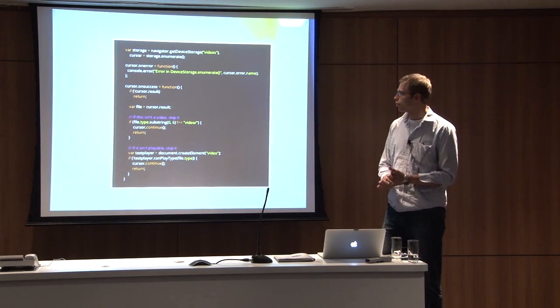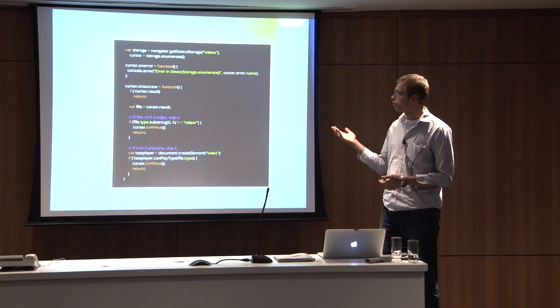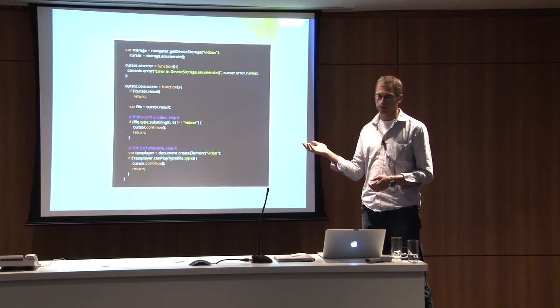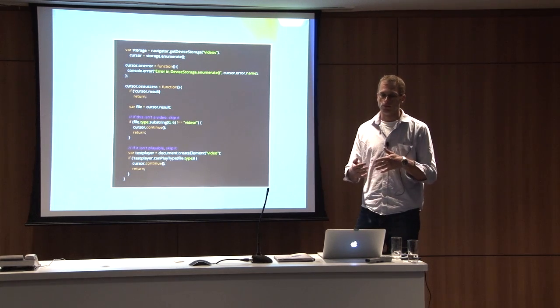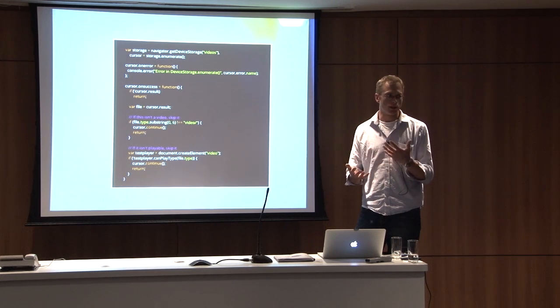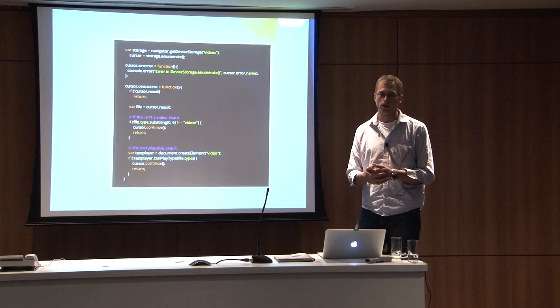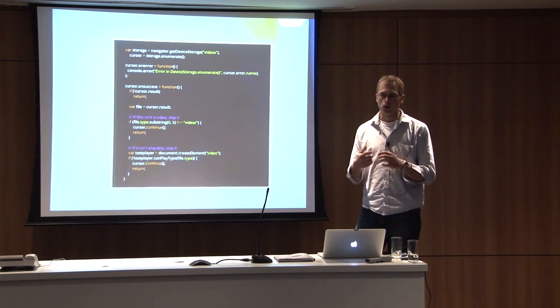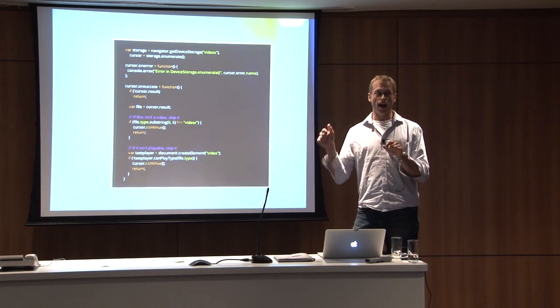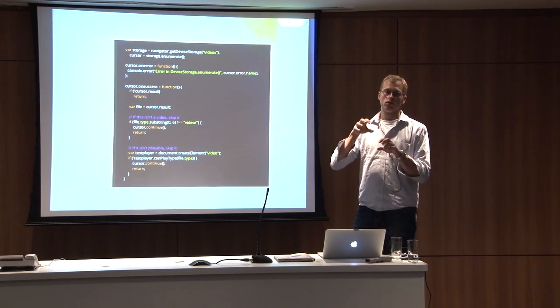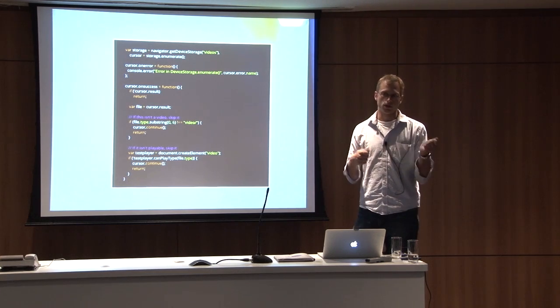Okay, so another example of a privileged API that comes in handy if you want to write a gallery app or a music app or something like that, where you want to store data in a way that is accessible by other apps, or for instance the USB connection.